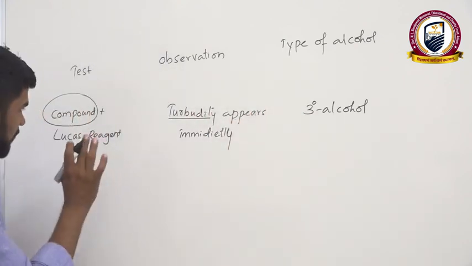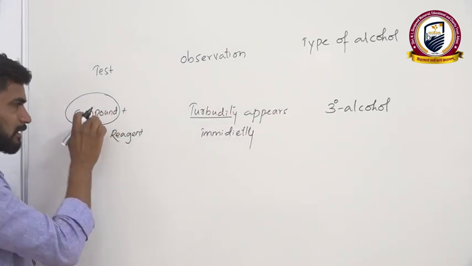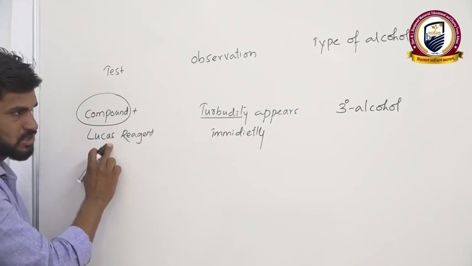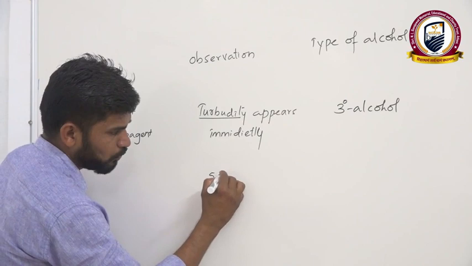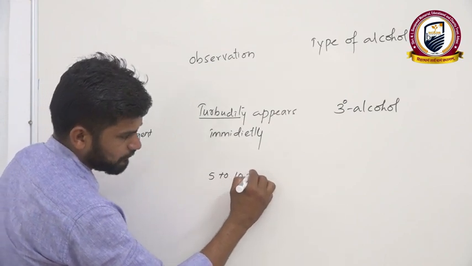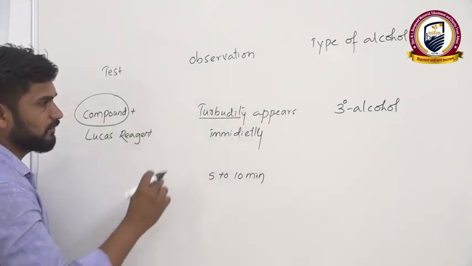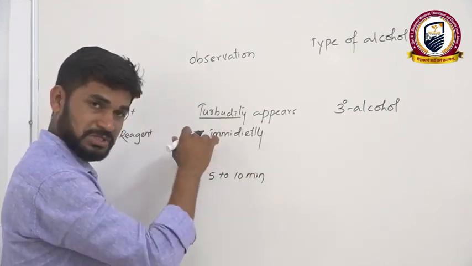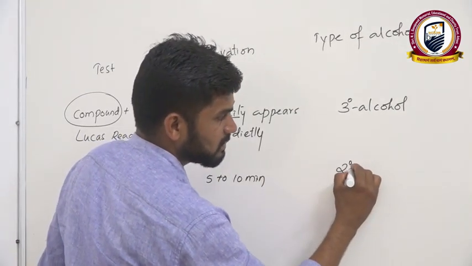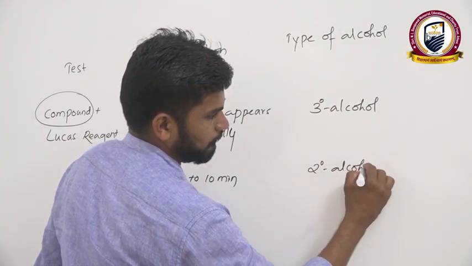Tertiary alcohols. If the compound which is mixed with Lucas reagent shows turbidity after 5 to 10 minutes, if the turbidity appears after 5 to 10 minutes, such type of alcohol is called what? Secondary alcohol.